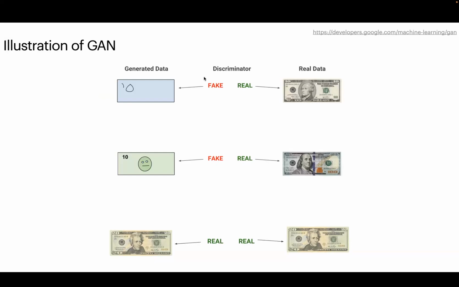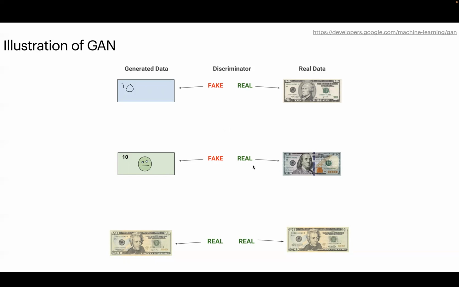In GAN training, the generator generates data and sends it to the discriminator, and the discriminator tells how fake or real it is compared to real data. After many steps, the discriminator is evolving, and the generator is also evolving.